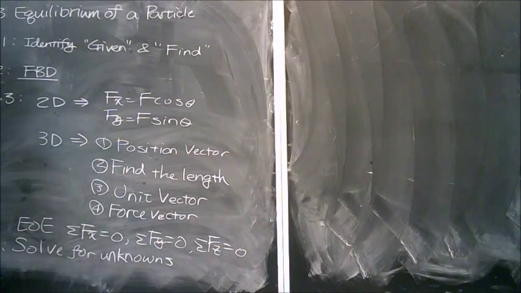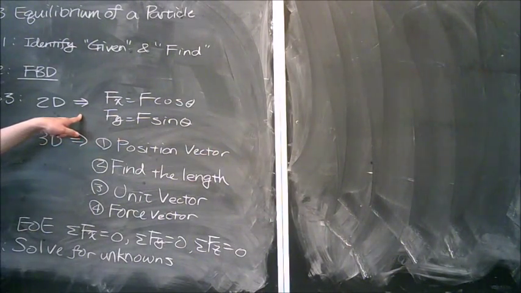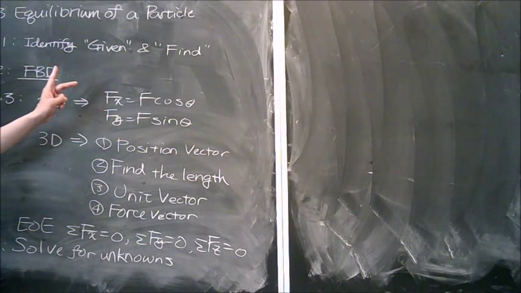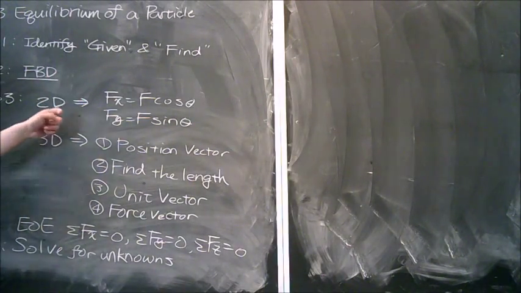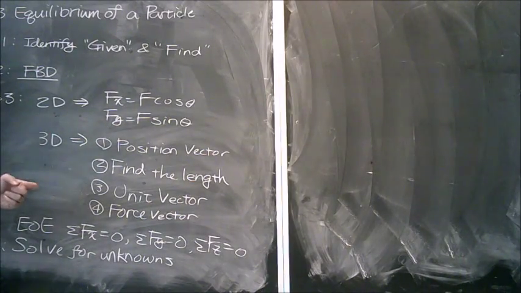Okay? One important thing is, if you are dealing with 2-dimensional problems, how many unknowns can you have? 1, 2, or 3? 2. Why is that? Because you only have 2 equations, right? If you have 3 unknowns and you are dealing with a 2-dimensional problem, can you do that?